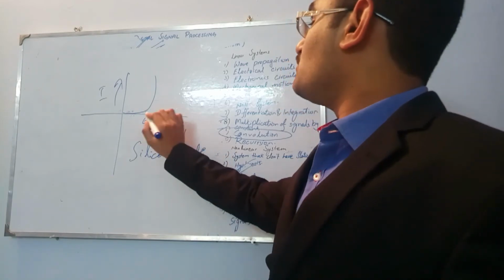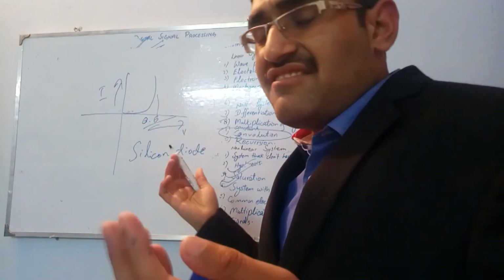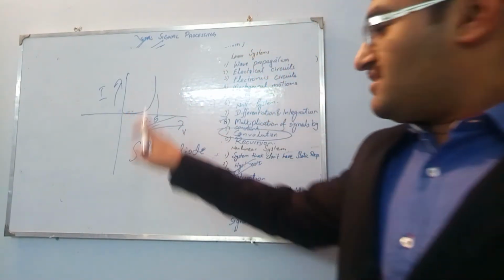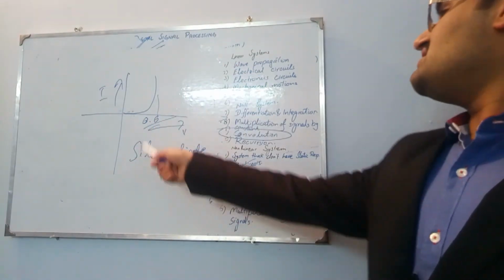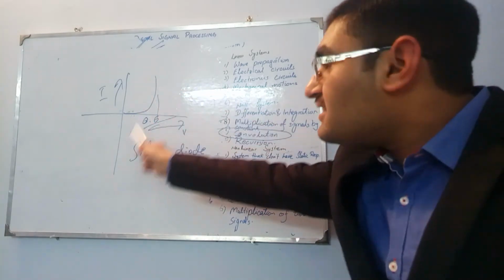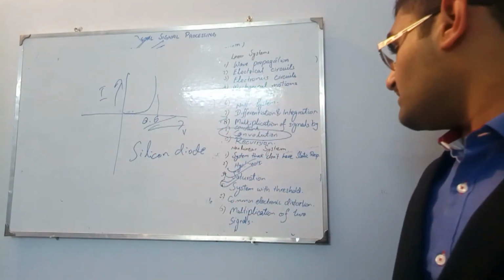It has a threshold value of 0.7, and it conducts after 0.7. So these systems, you can see that these are non-linear systems.